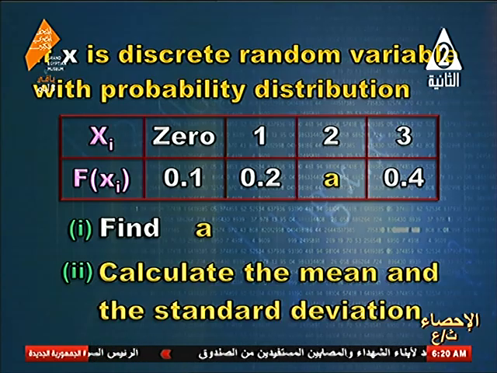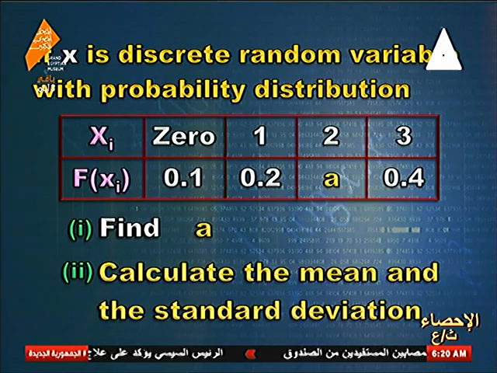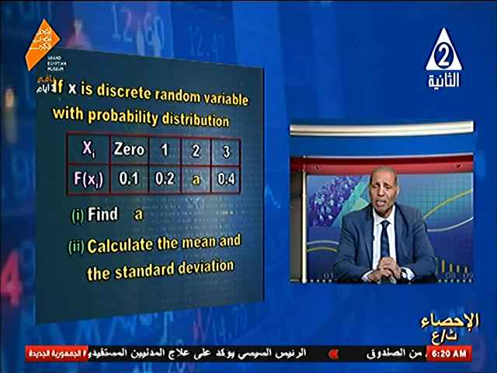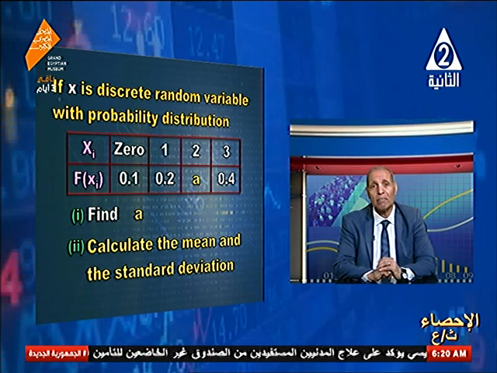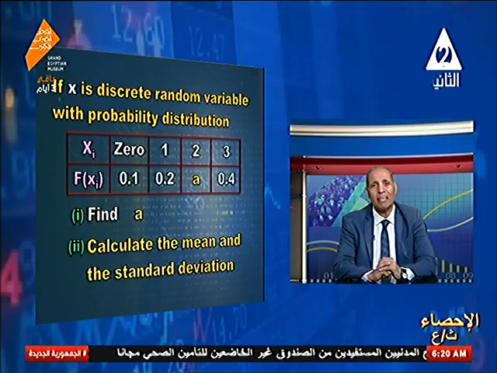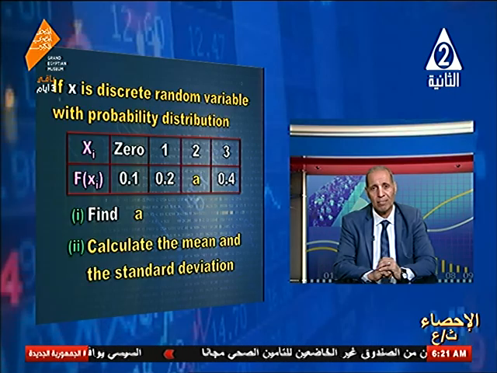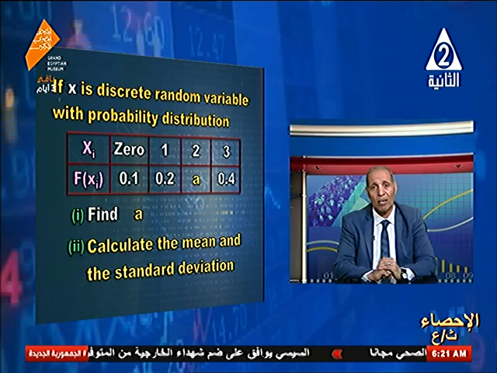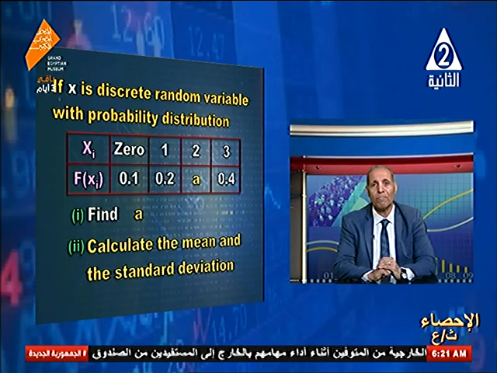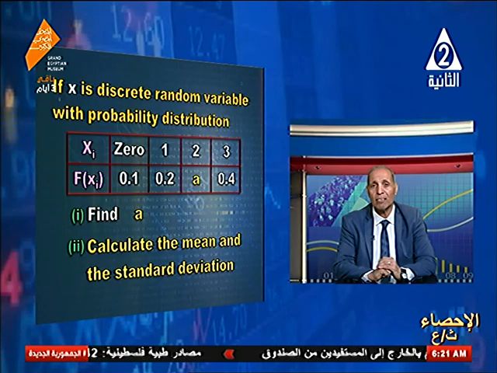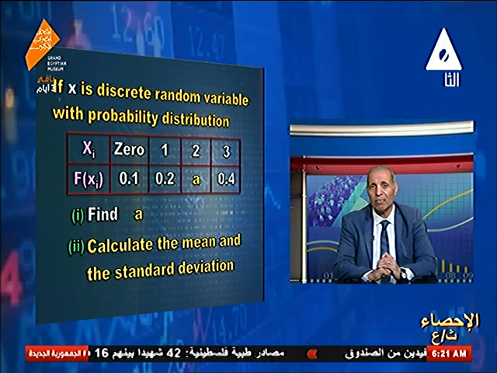And standard deviation. Before we find standard deviation, we find variance. What is the variance? Sigma square equals summation xi square f of xi minus mu square. After that, we find standard deviation sigma, the square root of the answer. Look at the following answer.